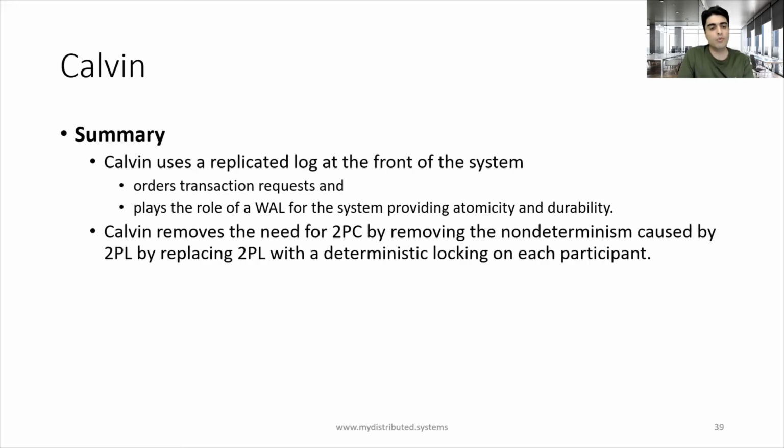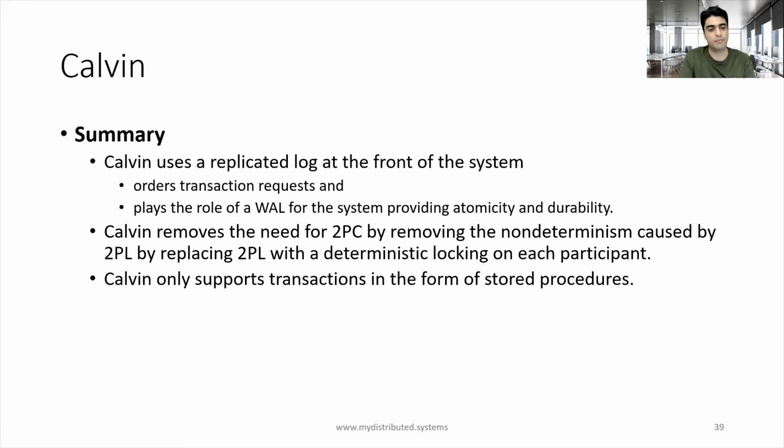So Calvin removes the need for 2PC by removing the non-determinism caused by 2PL, by replacing 2PL with deterministic locking on each participant. Calvin only supports transactions in the form of stored procedures, and some of the challenges in Calvin are the problem in executing dependent transactions, and the problem of slow storage.